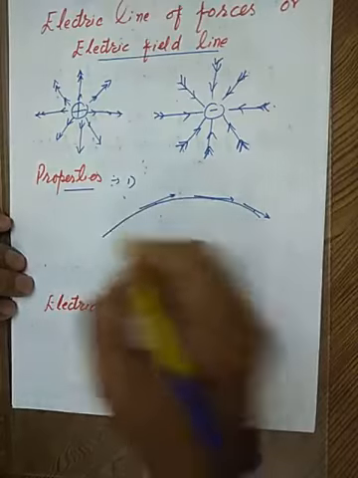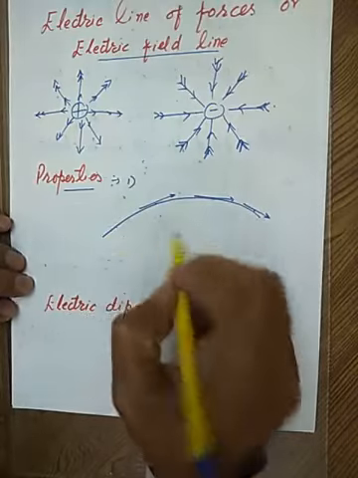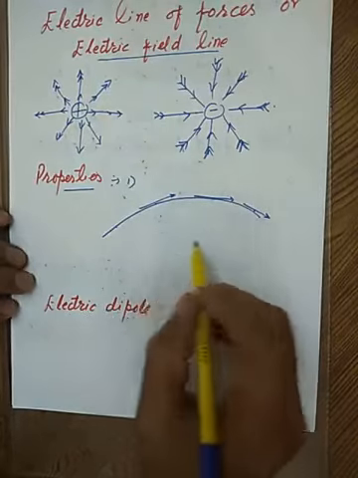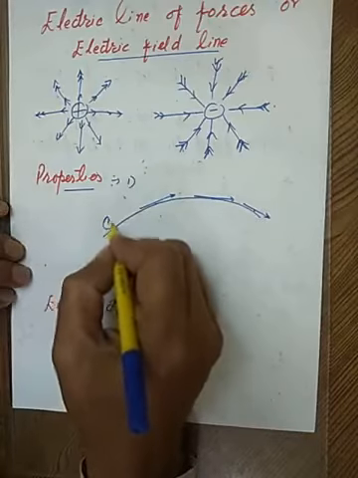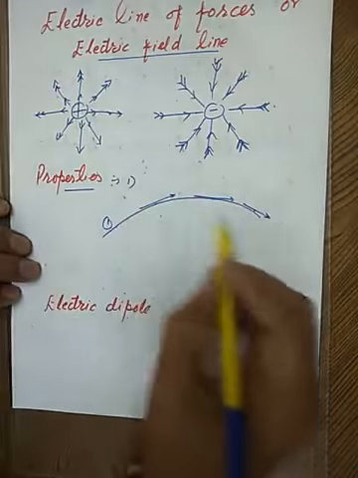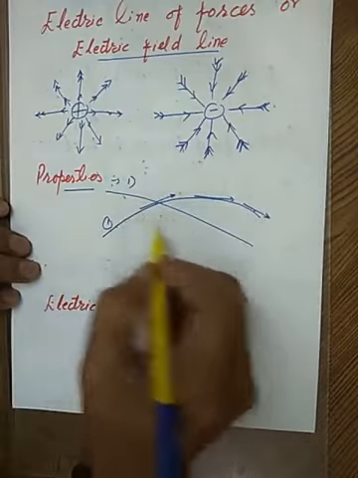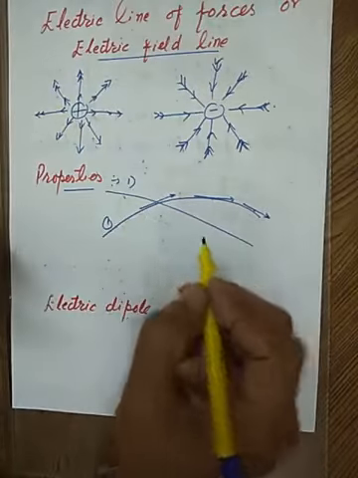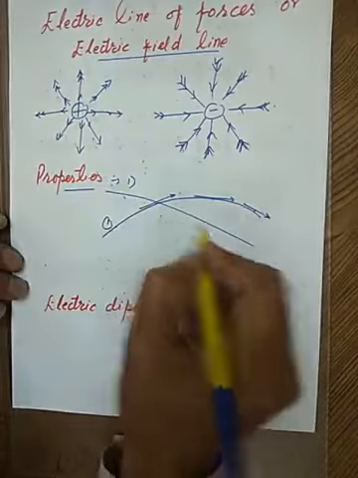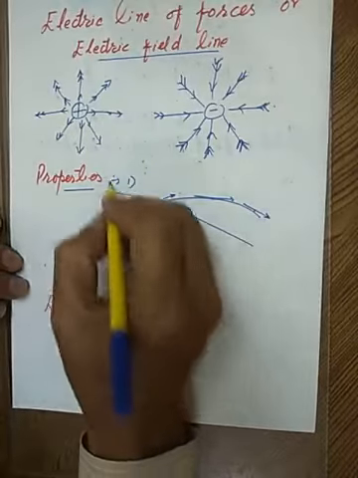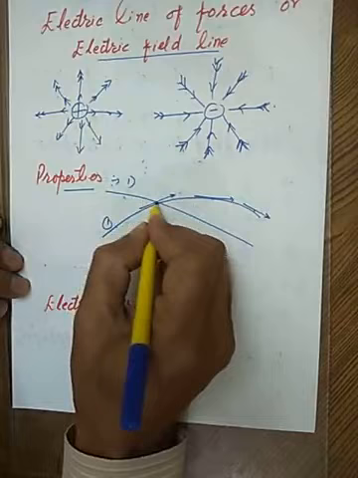And these two electric lines of forces never intersect. Suppose this is our first electric line of forces, this is our second. If I draw the direction at a different point on this second line, then the direction is this one.